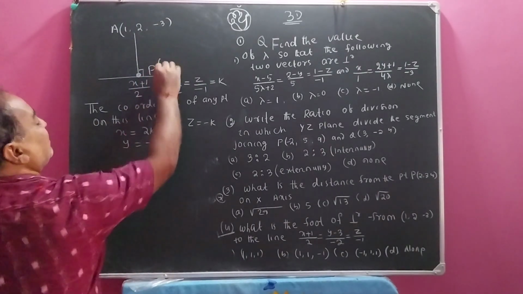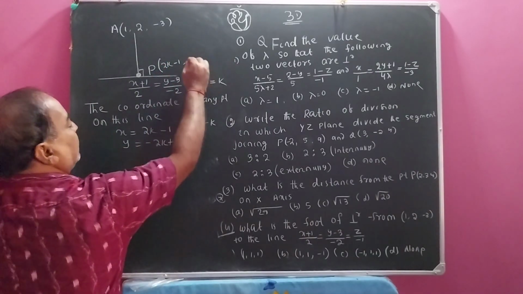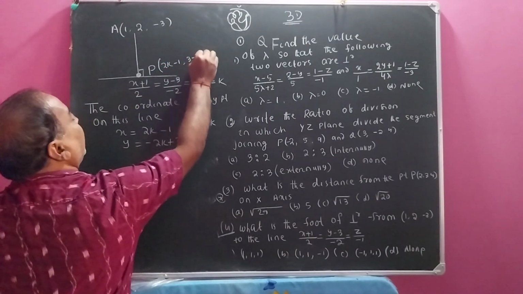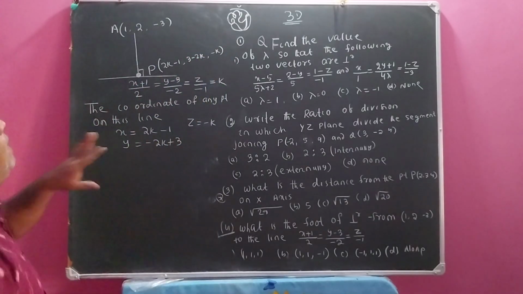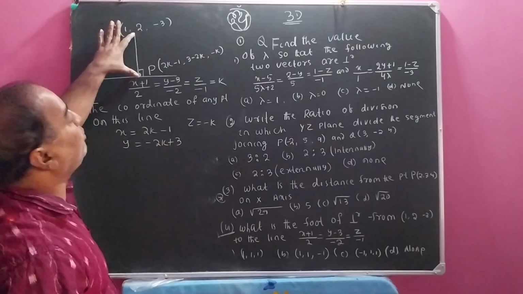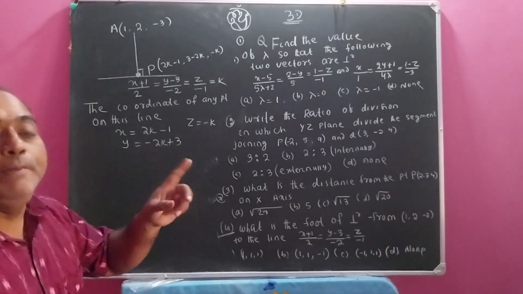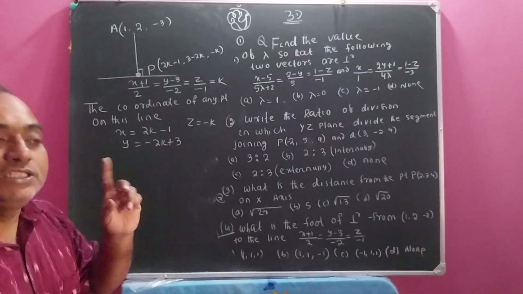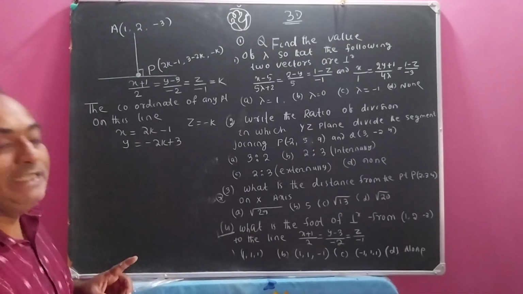So you have to write this coordinate here, 2k minus 1, 3 minus 2k, minus k. Now we have to find out the direction ratio of AP. We know two lines are said to be perpendicular if the sum of product of direction ratios vanishes, equal to 0.